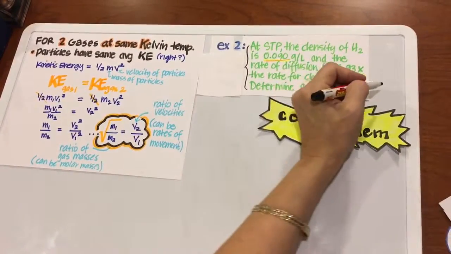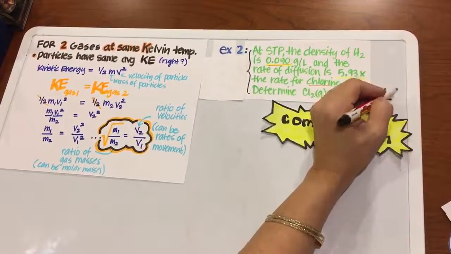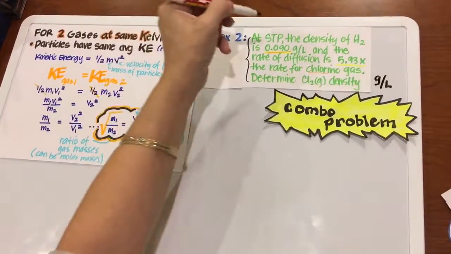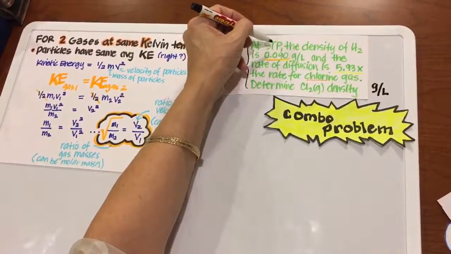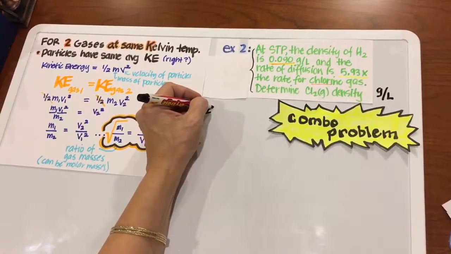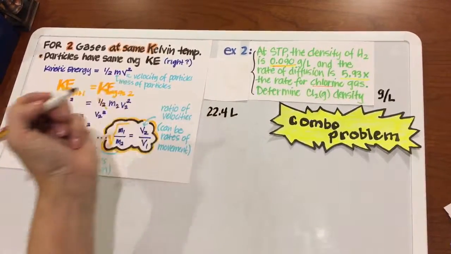The units of chlorine's density is going to be grams per liter. It's going to be mass over volume. And they've given me this hint at STP. So whenever I see STP, I think I might want to remember the molar volume of a gas.